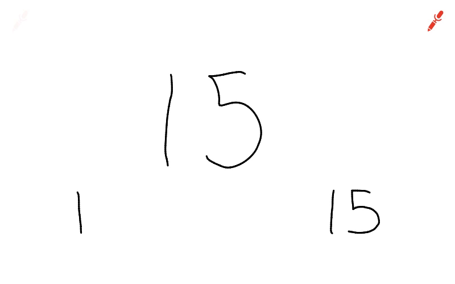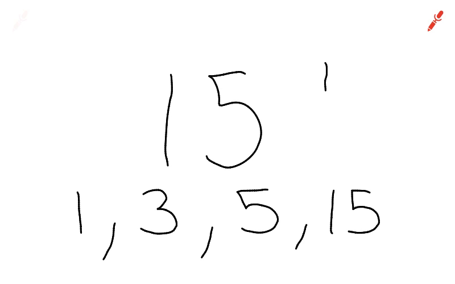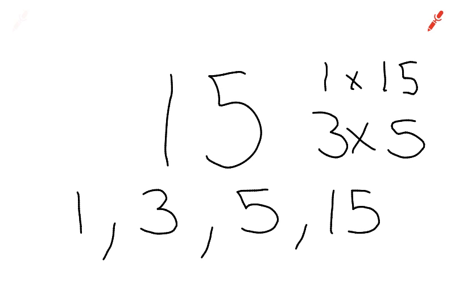And then also 3 times 5. So 1, 3, 5, and 15 are all factors of 15. The pairs of factors would be when we said 1 times 15. Pairs, there's 2 of them there. Together, and you get the product of 15. And the other pair of factors was 3 times 5.